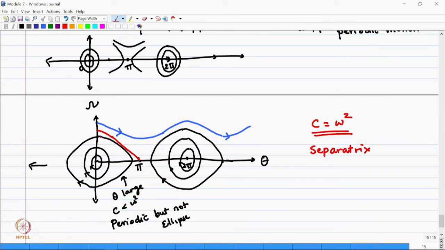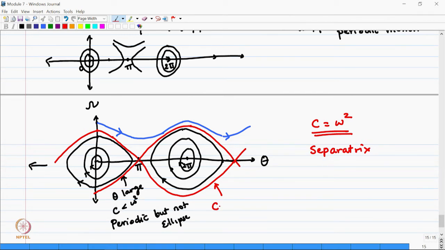So you start with some motion and theta will just go all the way to pi, and then it will not go beyond pi. It is right at this point which separates these two stable and unstable modes. This graph where c equals omega square is called the separatrix.